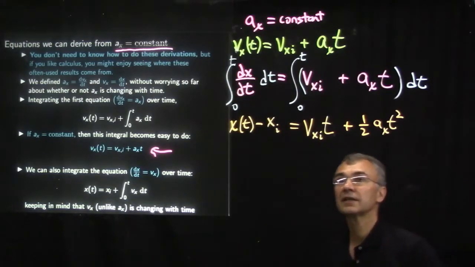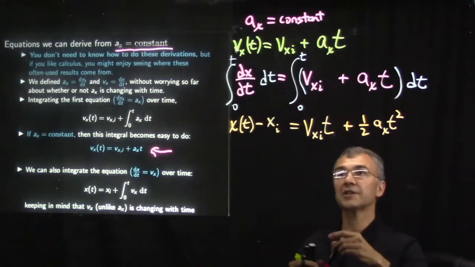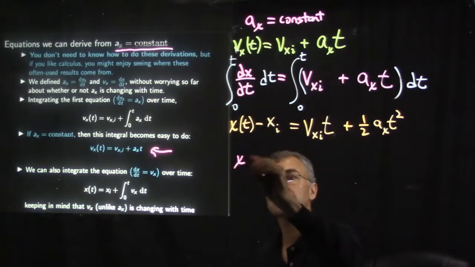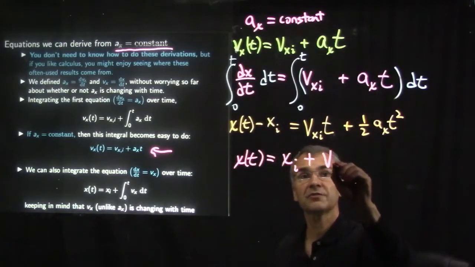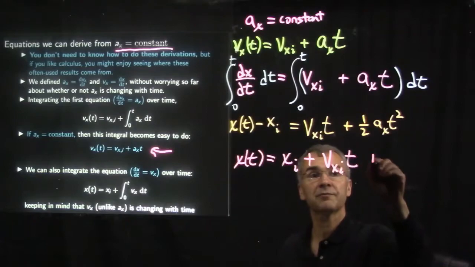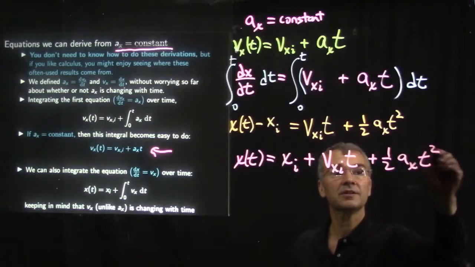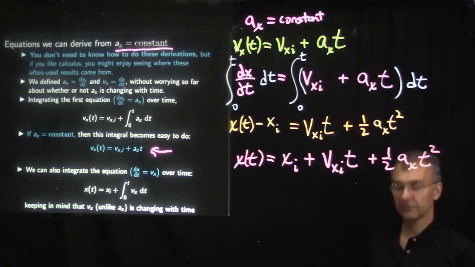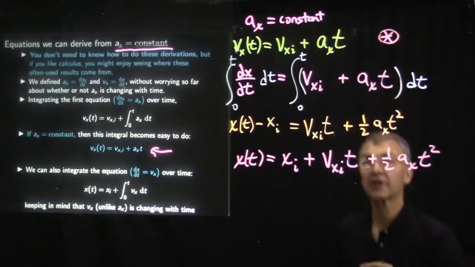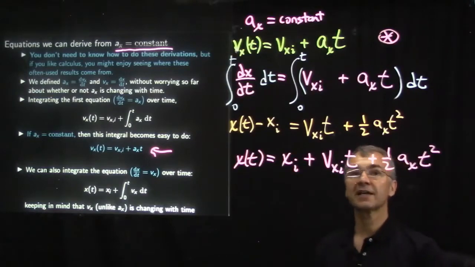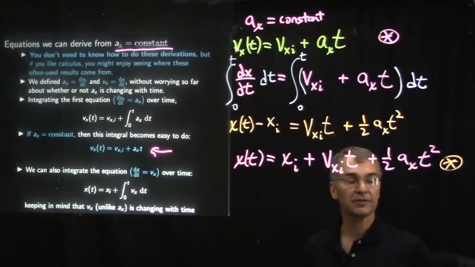So this tells us that x of t is x initial plus v x initial times time plus 1/2 a sub x t squared. Okay, so this is one key result we get from constant acceleration, and this is another key result that we get from constant acceleration.